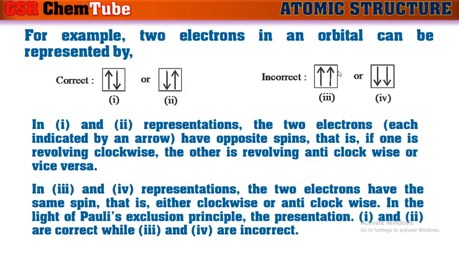In the 3rd and 4th representations, the two electrons have the same kind of spin, either clockwise or anticlockwise. In the light of Pauli's exclusion principle, representations 1 and 2 are correct, whereas 3rd and 4th are incorrect, because the two electrons in these representations will get the same set of quantum numbers, which contradicts Pauli's principle. So these two are correct, these two are incorrect.